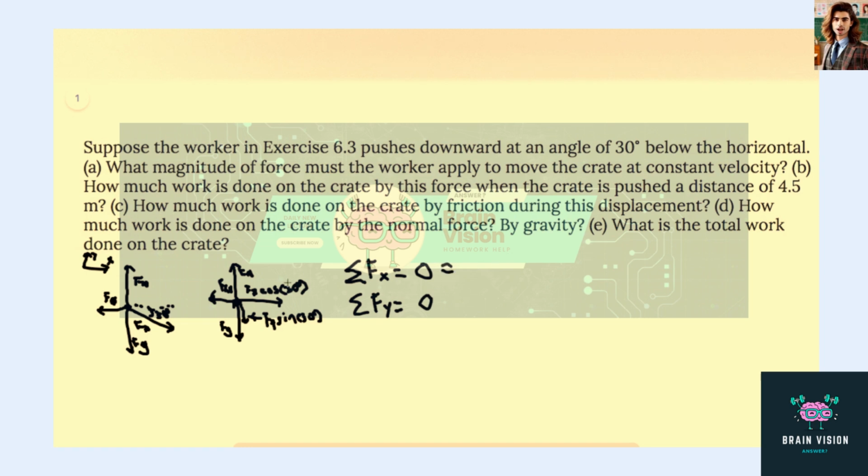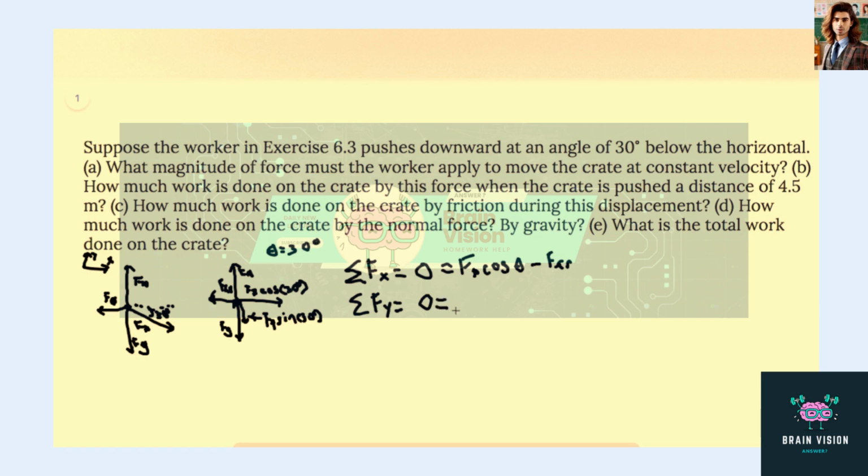So in the x direction, we have Fp cosine of theta, and just to save me some writing, we'll call the 30-degree angle theta, minus the force of friction.